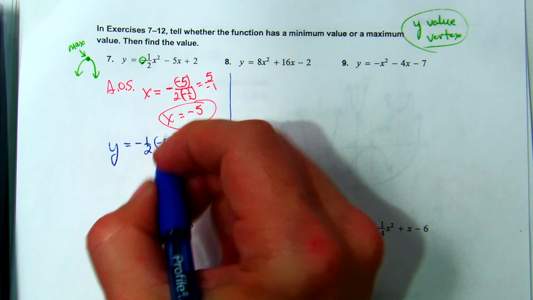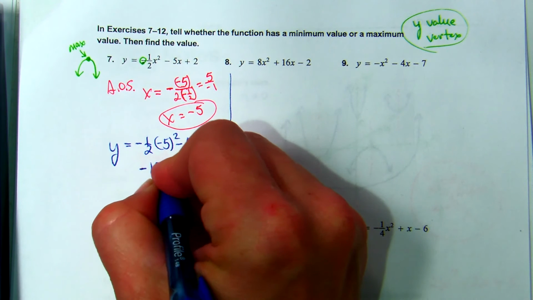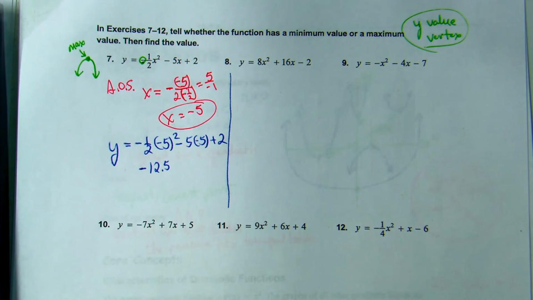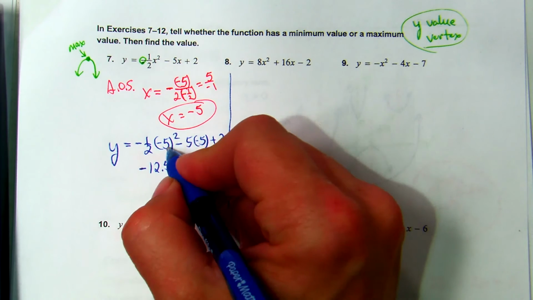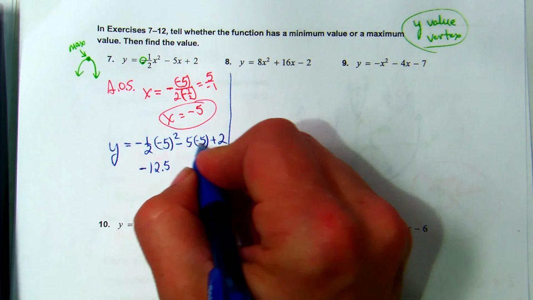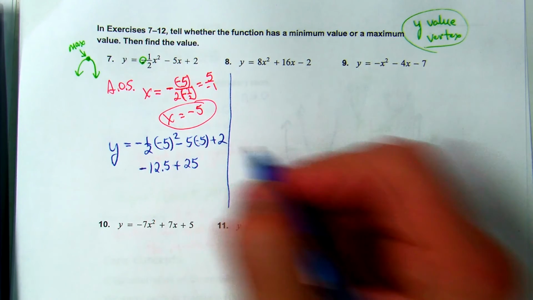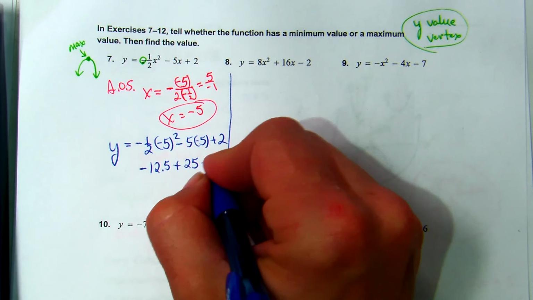Negative 1/2 of that is going to be negative 12.5 in decimal form. This is going to be a positive 25, negative 5 times negative 5. And then we have a positive 2.